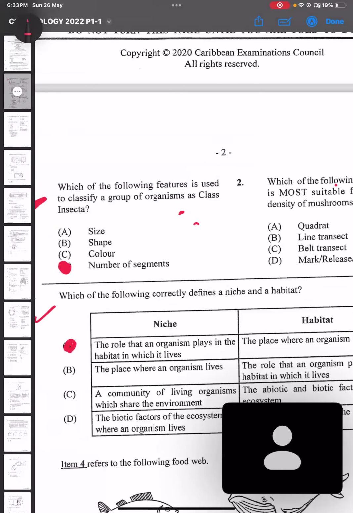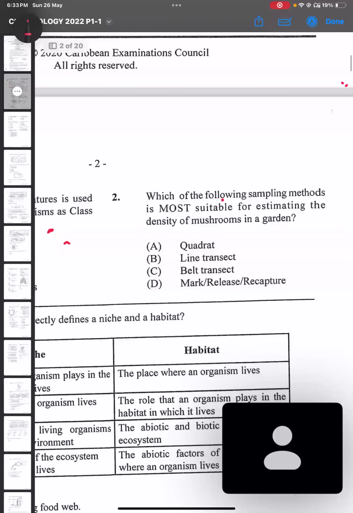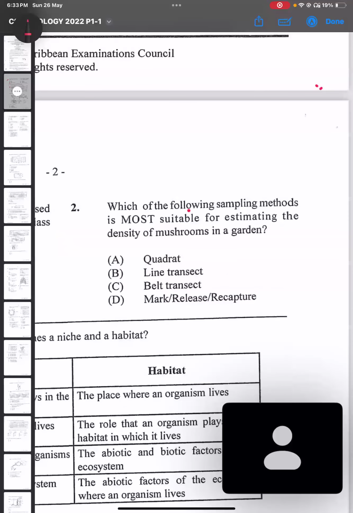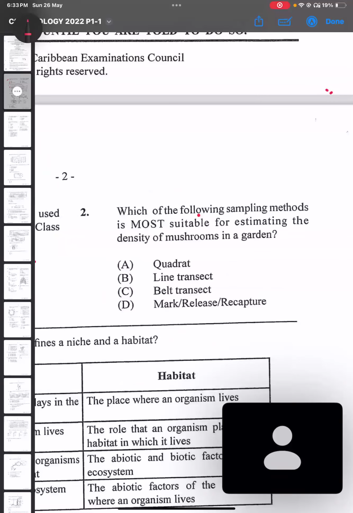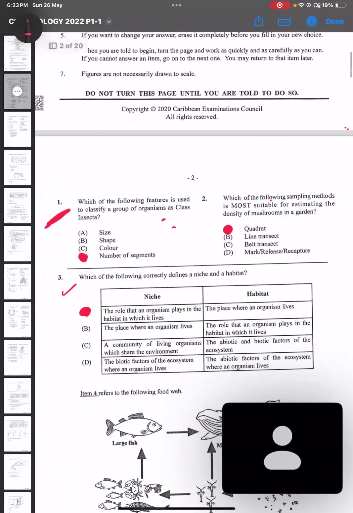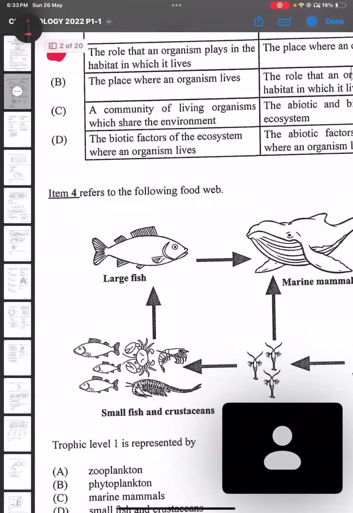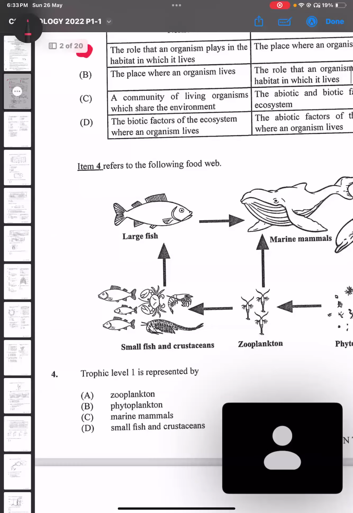For question two, it asks which of the following sampling methods is most suitable for estimating the density of mushrooms in a garden. A, the quadrat, where we will look at them in the different segments and try to record their density. So two, and then this is asking about trophic levels.